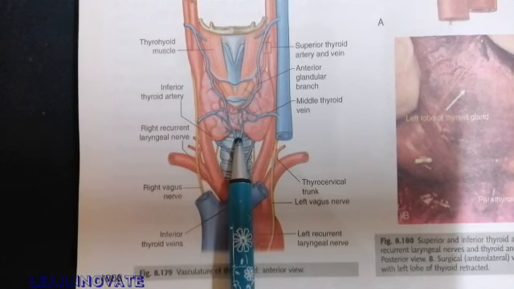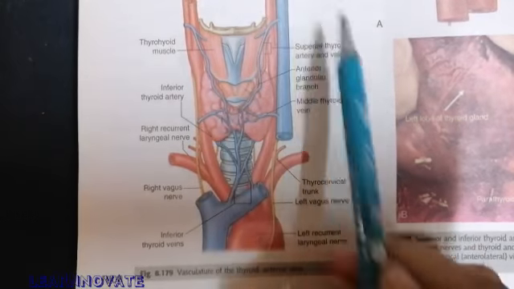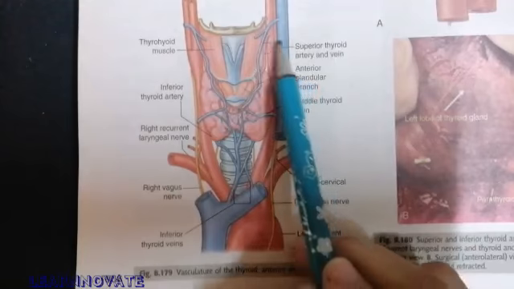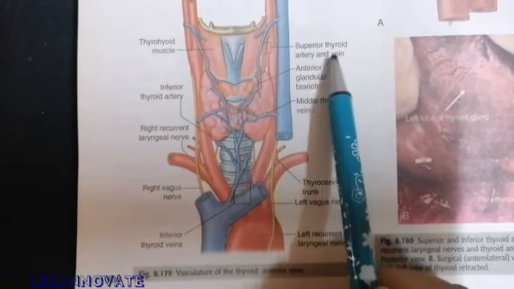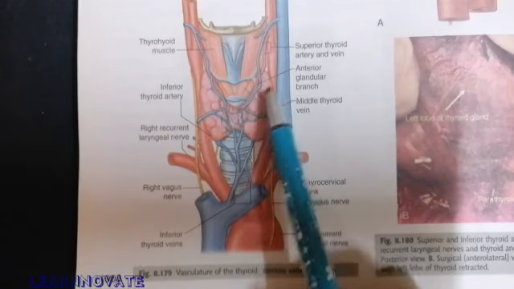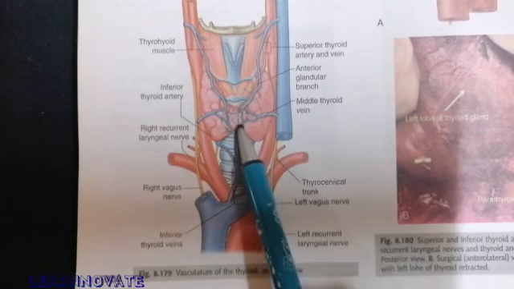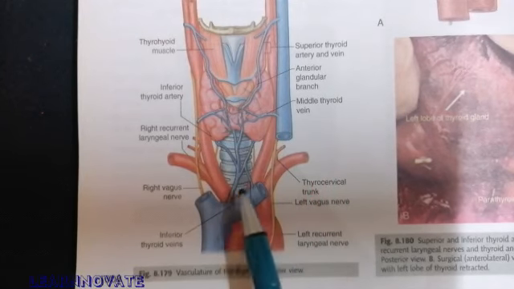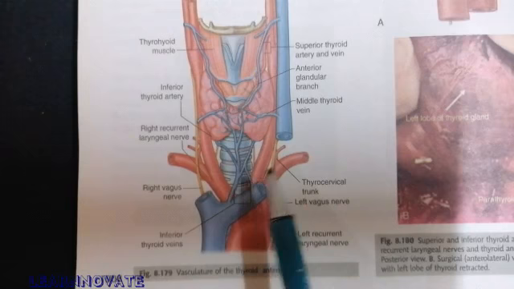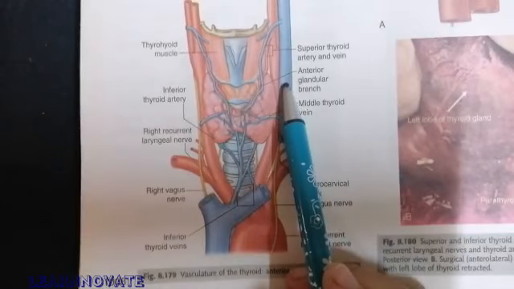Coming to the venous drainage of the thyroid gland, the superior thyroid vein is running along with the superior thyroid artery. The middle part or the isthmus is drained by the middle thyroid vein, while the inferior part is drained through the inferior thyroid vein. The superior and the middle thyroid veins primarily drain into the internal jugular vein.